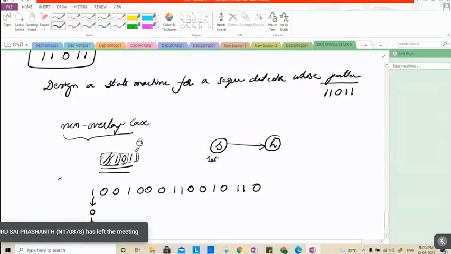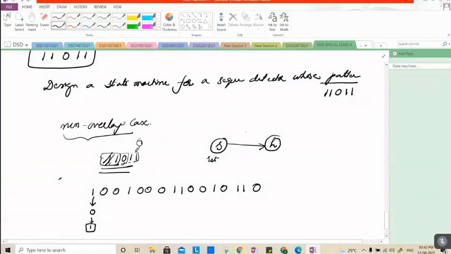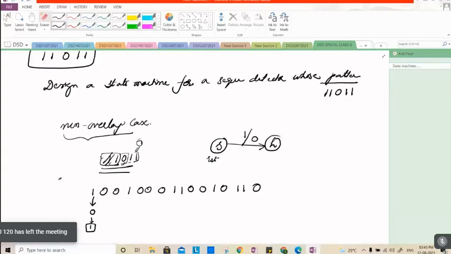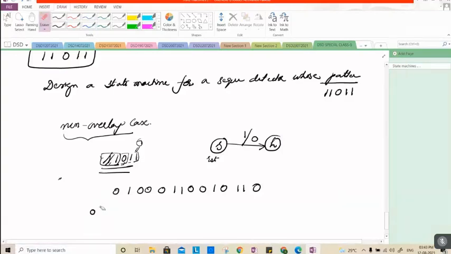Right, now state S moves on to state H whenever the input is 1. What about the output? The output is 0. Right, output is 0. Okay.